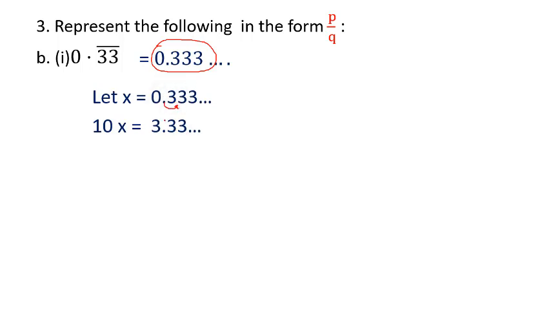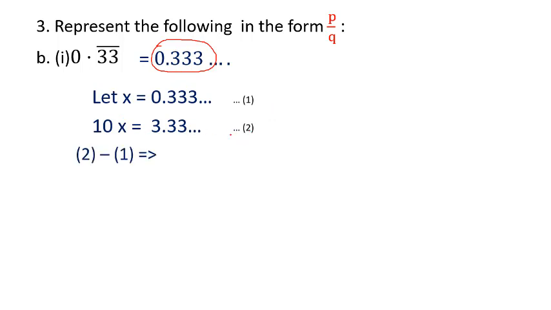Now you can see this part, dot 3333, and this part are the same, right? So let us take the first equation: x equals 0.333, equation 1. After multiplying by 10, let us take this as equation 2.